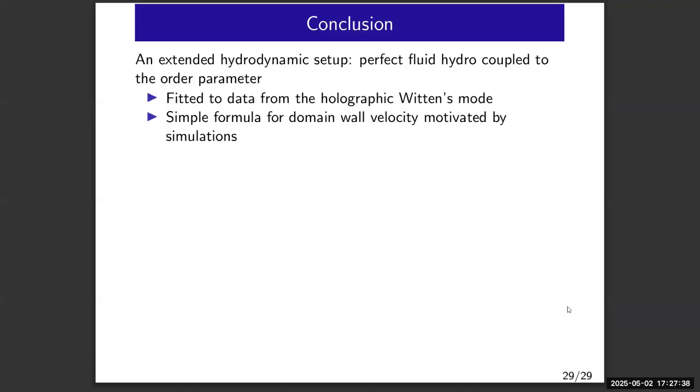So the model I was discussing was this extended hydrodynamic setup with perfect fluid hydrodynamics coupled to the order parameter in a specific manner. And this was fitted to data from this holographic Witten model. And the first application which I discussed was this simple formula for domain wall velocity, which was motivated by our simulations.